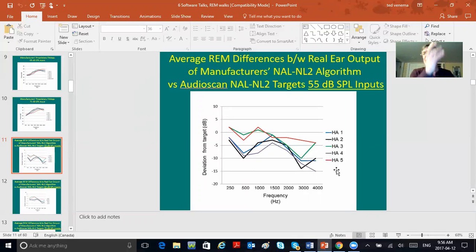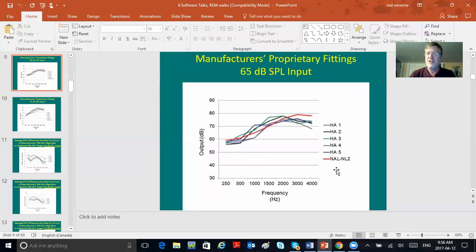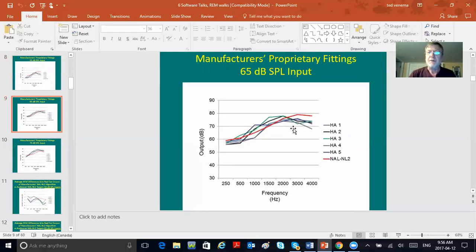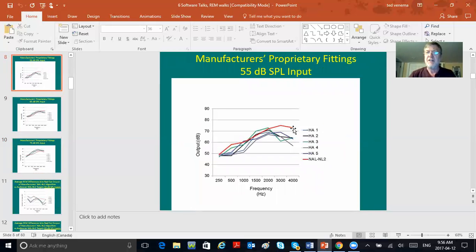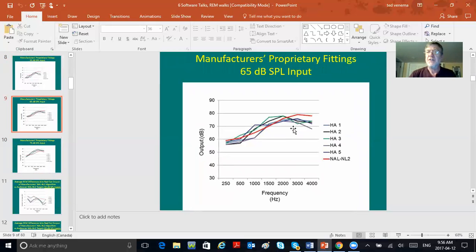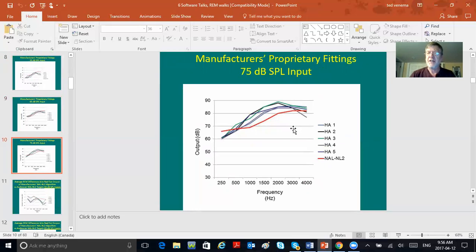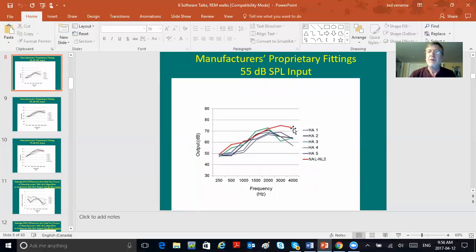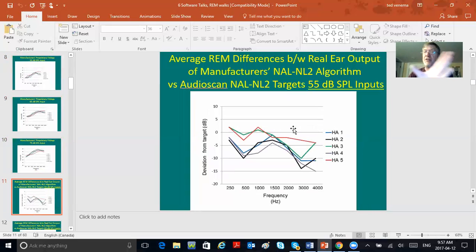So you've programmed the hearing aid for the same hearing loss that's shown here. The red is the NAL2 target for soft, 55, 65, and 75 dB inputs. Now, this is the proprietary fittings compared to NAL2, but now we're jumping to a different topic.